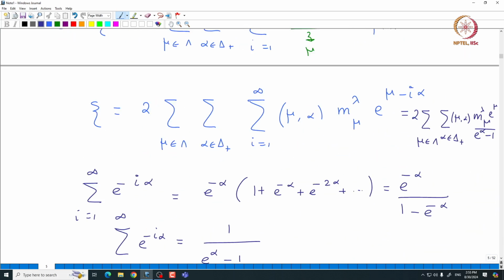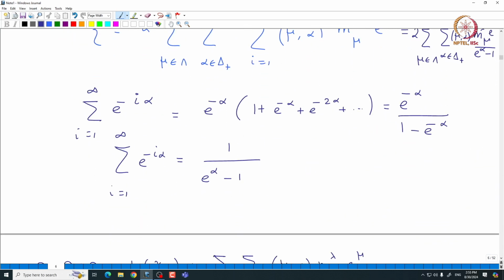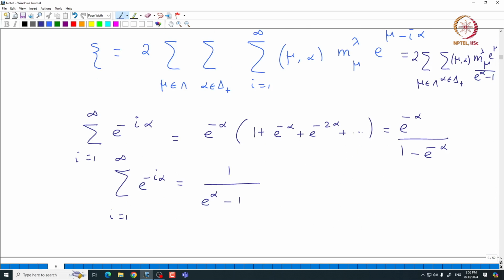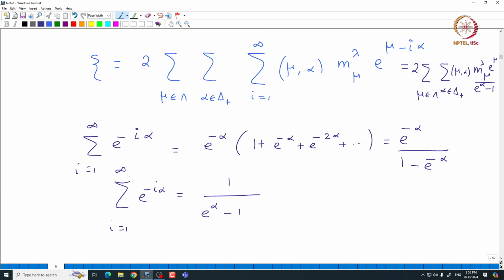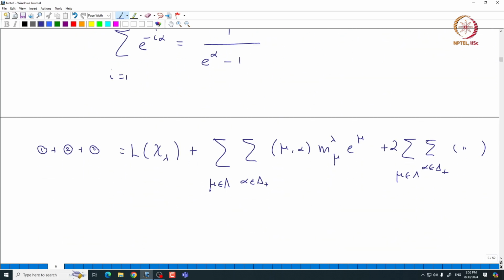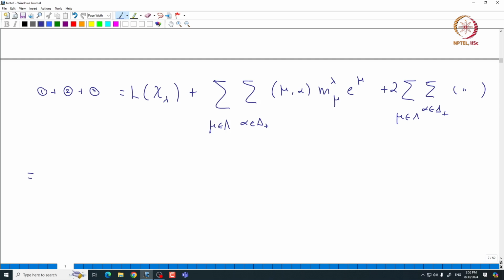Now if we take this xi, which is the third sum, you can rewrite it as twice the summation mu in lambda, summation alpha in delta plus, and whatever term we have. Note that the e power mu coefficient you can collect together, and see what it is exactly. This is exactly L of chi lambda, so you can add it with this.